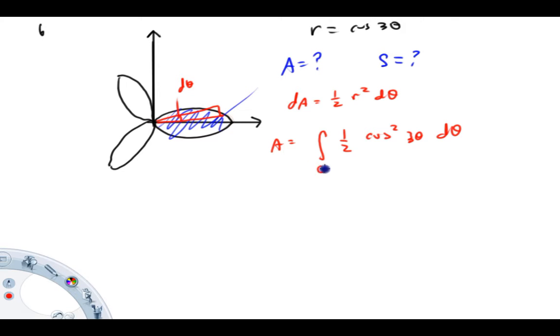So my lower bound is going to be 0, because this curve starting here is the point (1, 0), meaning the distance is 1 and the angle is 0. Then we're going to integrate that angle until we get to here, where the radius is 0 again. Now we're going to have to actually calculate that angle. I don't believe that that's actually pi over 2.